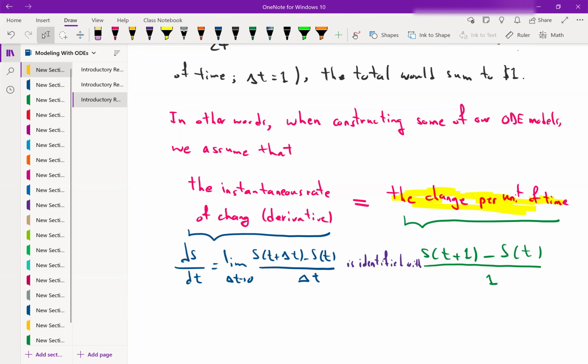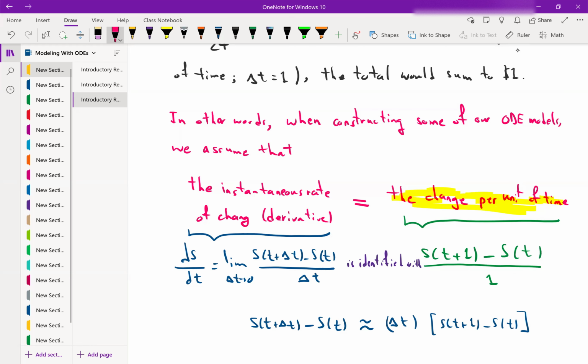So just another way of writing this exact same thing is that what I'm doing here, in a sense, is thinking of s of t plus delta t minus s of t, and approximating this with delta t times s of t plus 1 minus s of t.